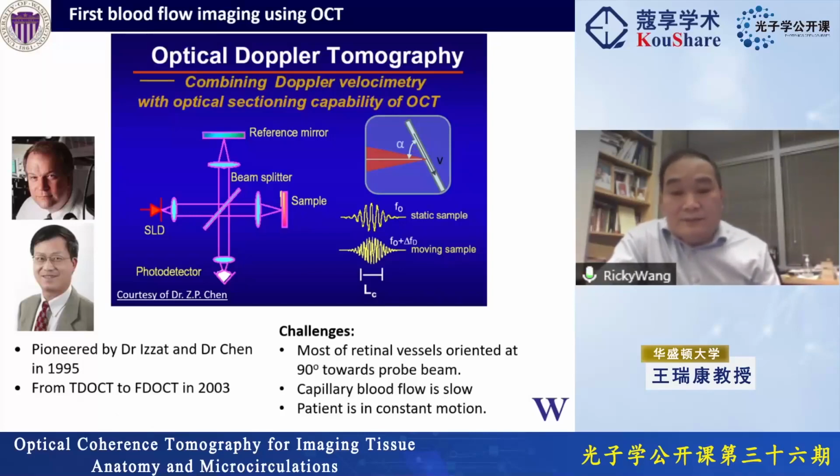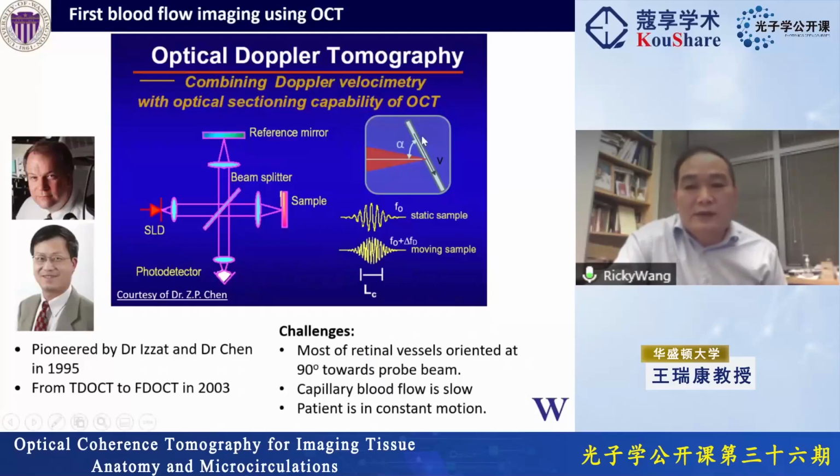Another aspect is that the blood flow in the capillaries is very slow. The very slow blood flow in the capillaries will make a very small Doppler shift, and that small Doppler shift is almost within the noise floor.